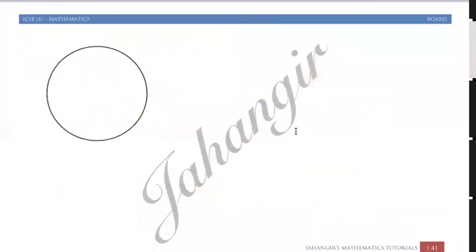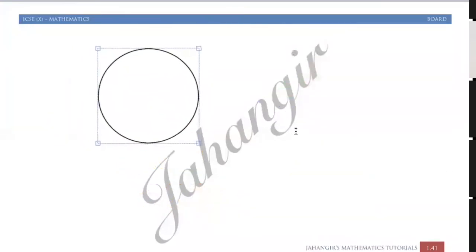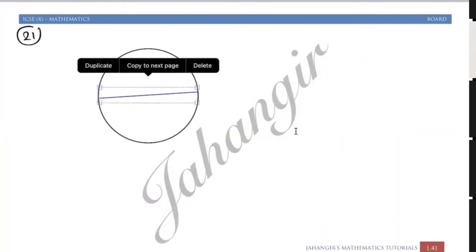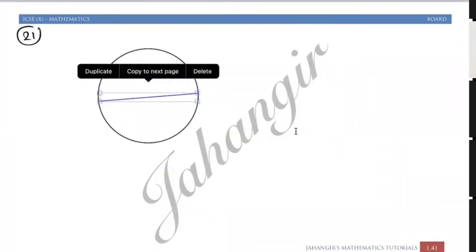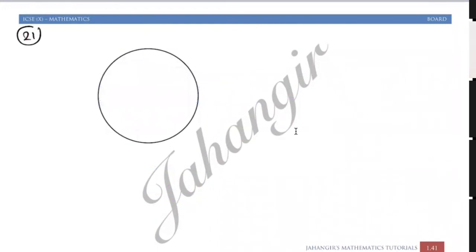Yes, sir. Now last question of this chapter, 21st. Listen to the question carefully. O is the center of a circle. In the given figure, O is the center of a circle. AB is the diameter. O is the center.